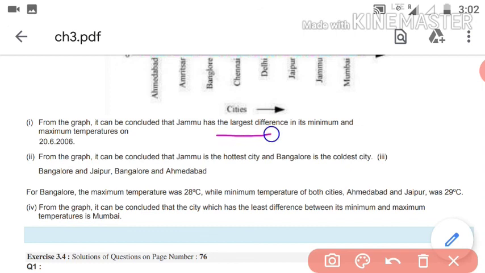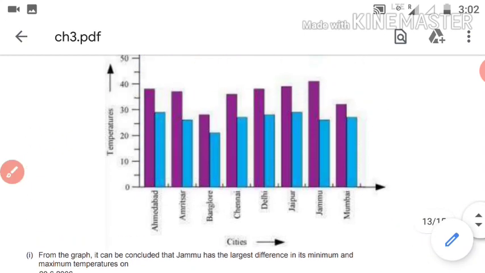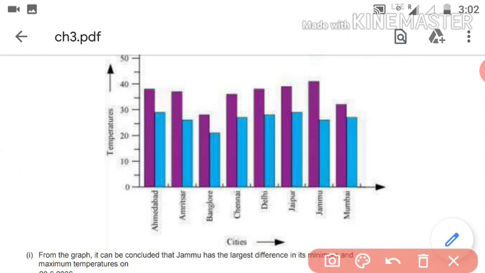From the graph, it can be concluded that Jammu has the largest difference in its minimum and maximum temperature. So Jammu has the highest difference, because from the graph you can see the difference of the maximum and the minimum here is bigger.